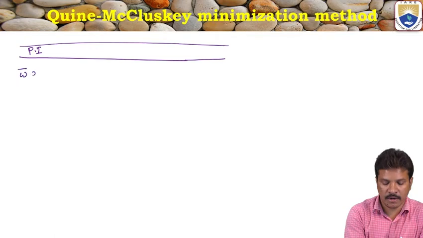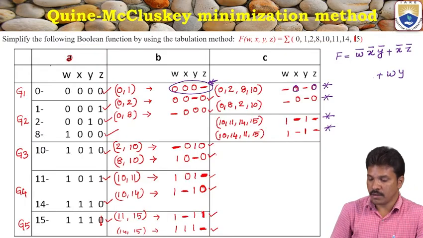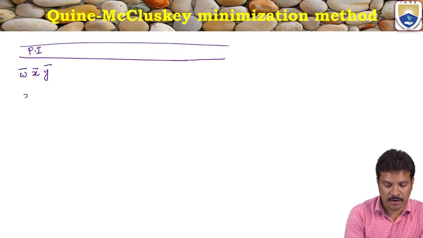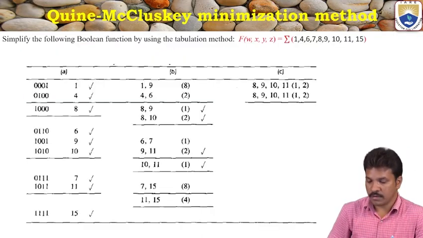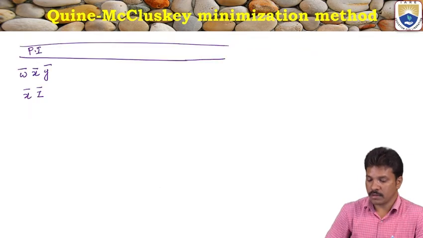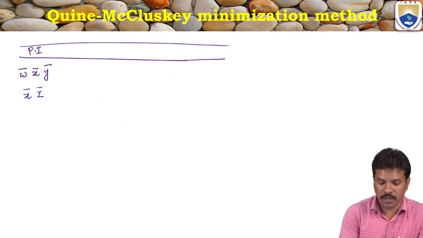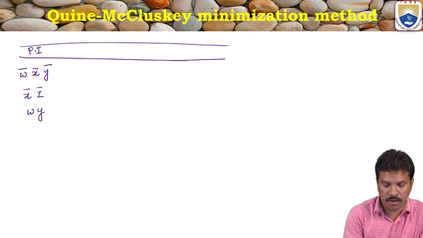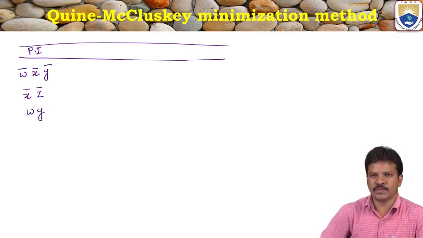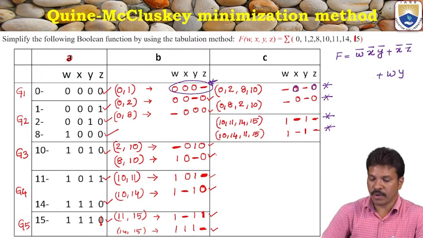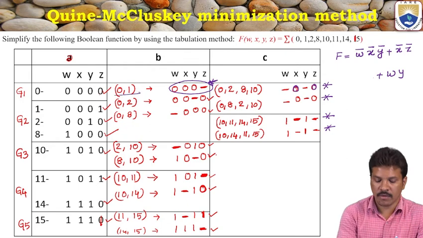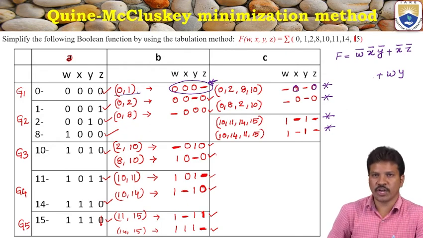W bar, X bar, Y bar, X bar, Z bar, sorry, W, Y. What are the minterm groups? The group of minterms that cover these prime implicants. The prime implicant W bar, X bar, Y bar covers the group 0, 1.